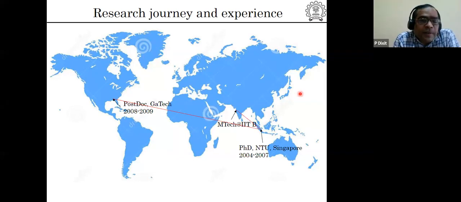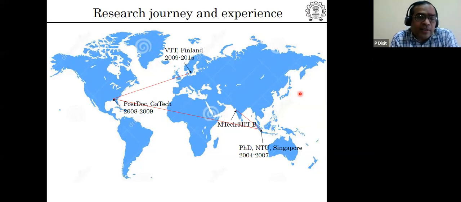After spending 1 year at Georgia Tech, I went to Finland, where I worked as a senior research scientist in an institute. The other two, NTU and Georgia Tech, were universities. This research institute is just like a DRDO or ISRO institute within India. After completing 6 years there, I went back to my alma mater, IIT Bombay, where I'm currently working.